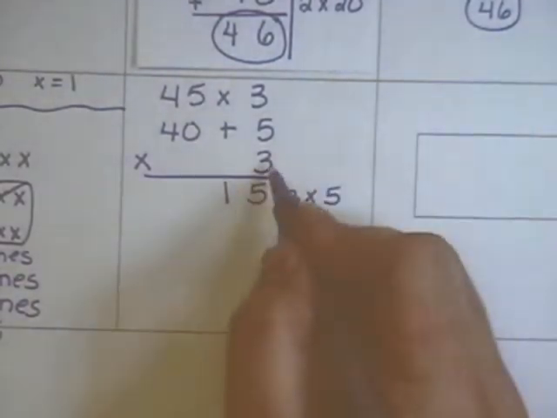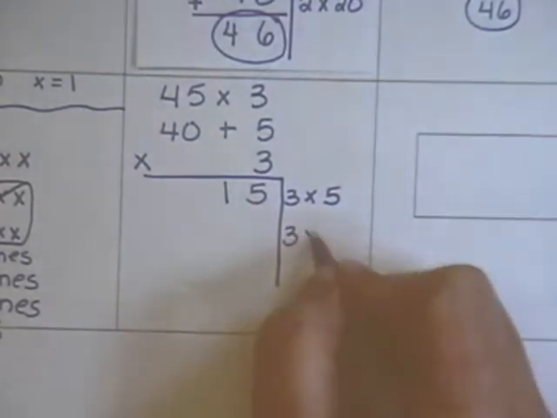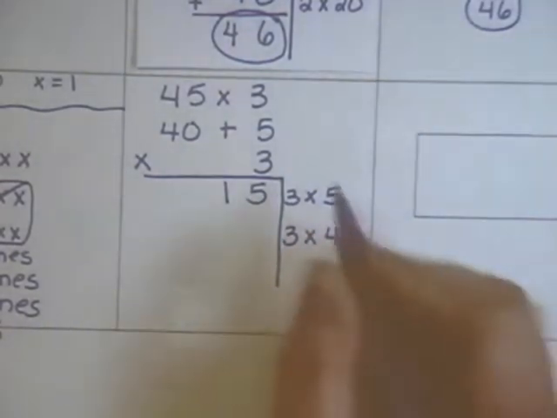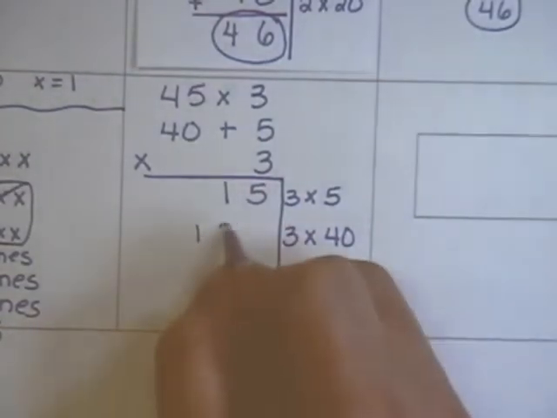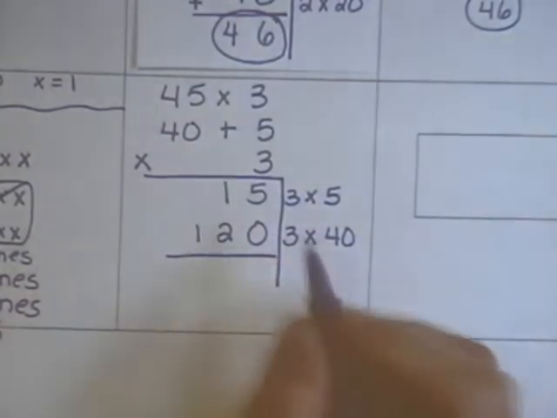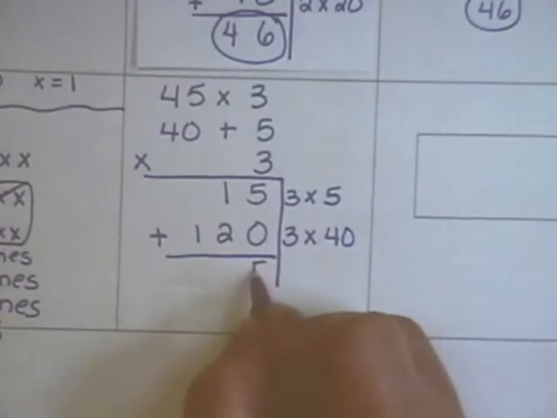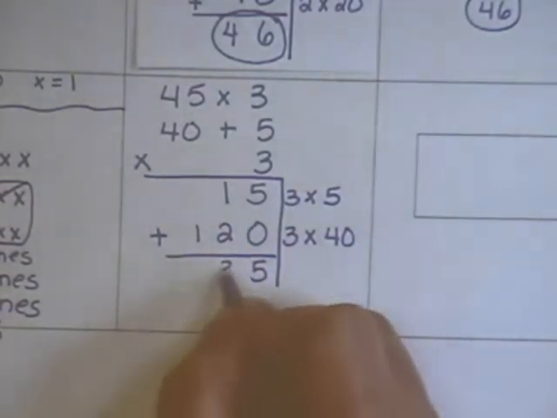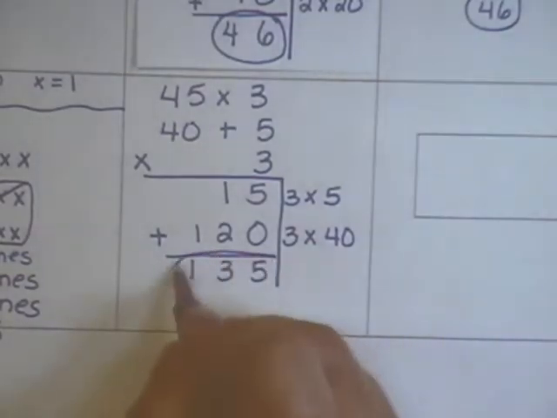My next step is to multiply the 10 spot, and that's 3 times 40. 3 times 40 is 120. I take these two partial products and add them together. 5 plus 0 is 5, 1 plus 2 is 3, and 1 plus nothing is our same answer of 135.